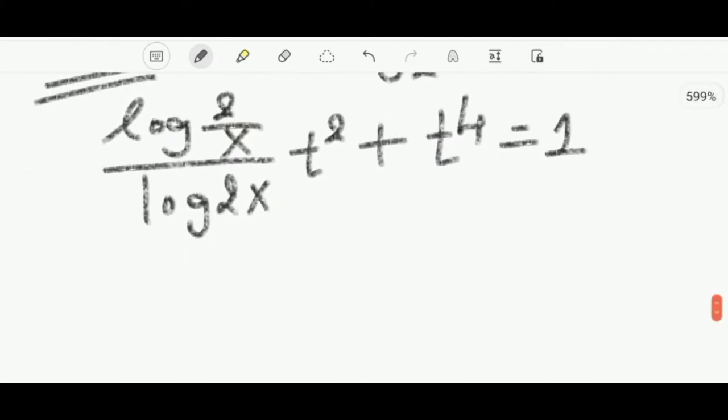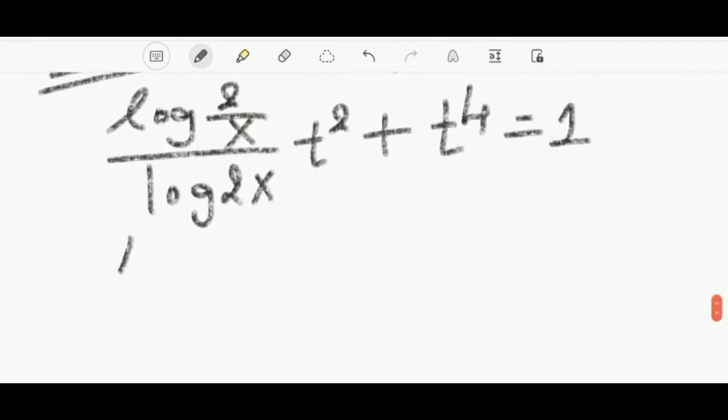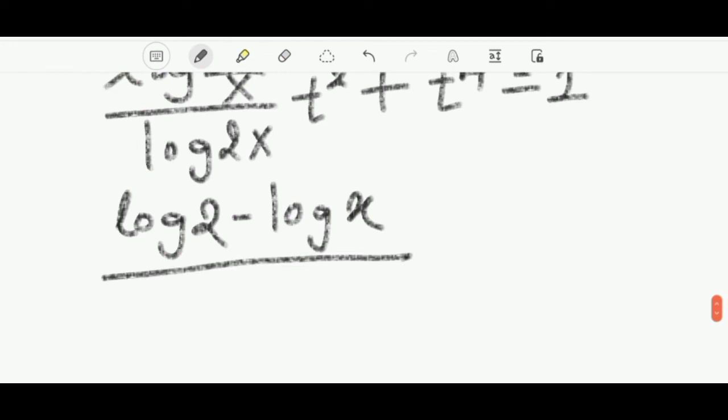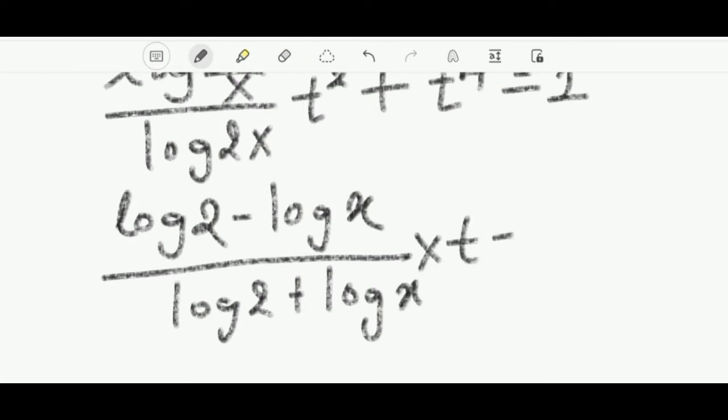And now we can rewrite it as log 2 minus log x divided by log 2 plus log x multiplied by t square plus t raised to the power 4 equals 1.